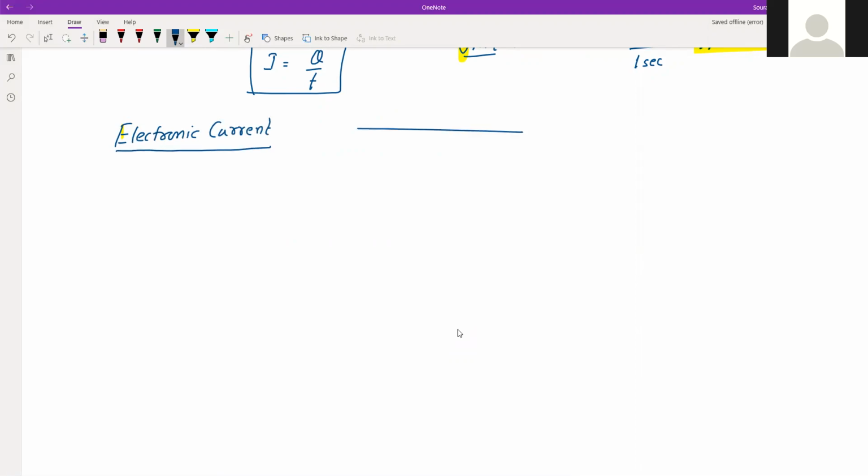In a conductor, there will be electrons flowing in some direction, right? So this is the direction of flow of electrons, and this will be called electronic current.